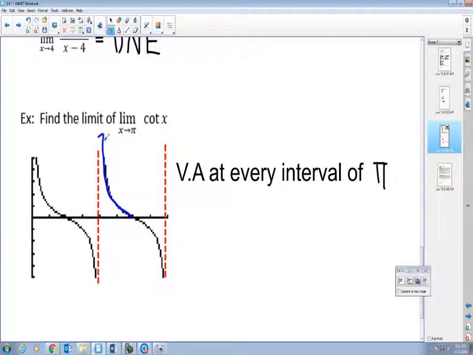This thing is going up. Approaching from the left, my function is decreasing without bound. Since the right side is going up and the left side is going down, the limit is not the same from the right and the left. So the limit of cotangent x as x approaches pi does not exist.